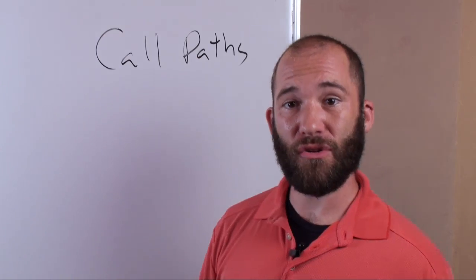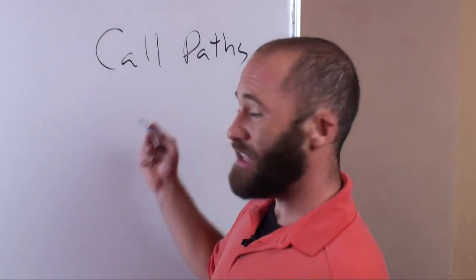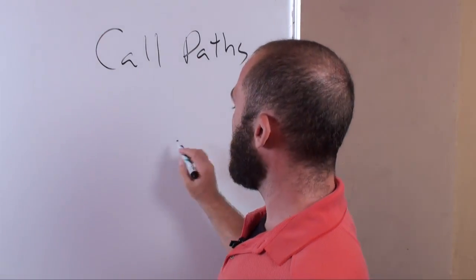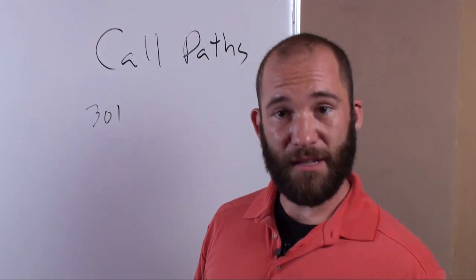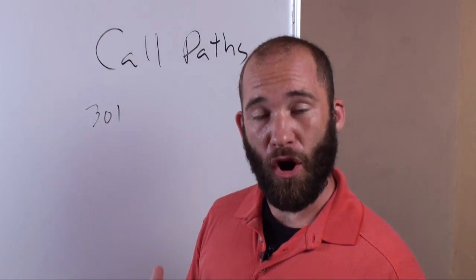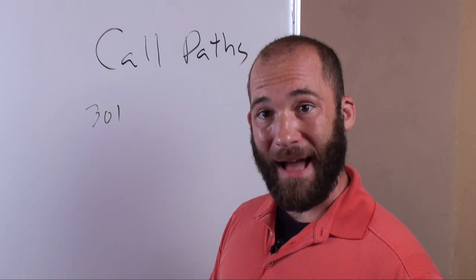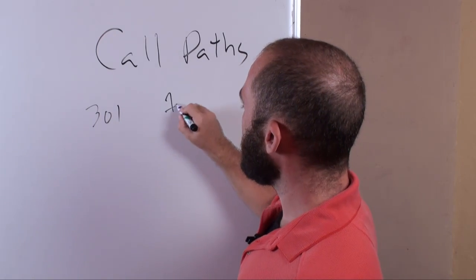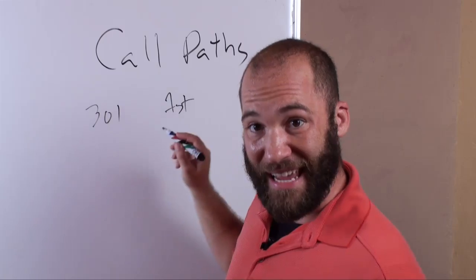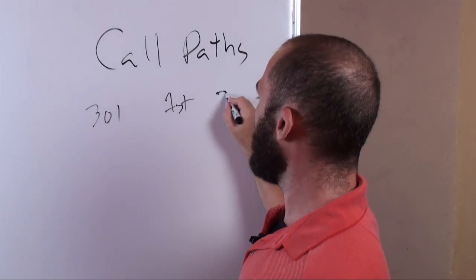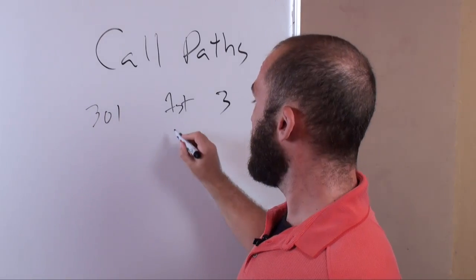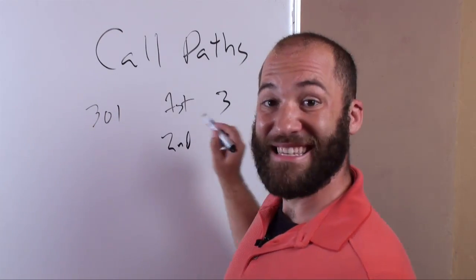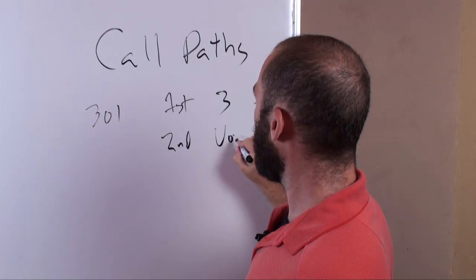So a standard call path states, let's say if we're dealing with extension 301, so somebody calls into the telephone system, they dial 301. The standard call path states, first, ring the telephone, let's say 3 times. If the telephone is not answered, second, send the call to voicemail.